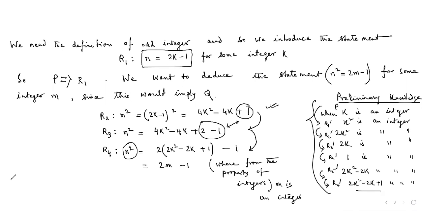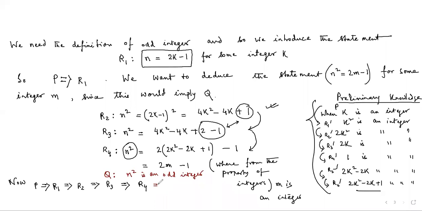So now we can say from this that P implies your statement R1, R1 implies your statement R2, R2 implies your statement R3, R3 implies your statement R4. And at least we can add over here one more statement, Q, which was my statement that n square is an odd integer.